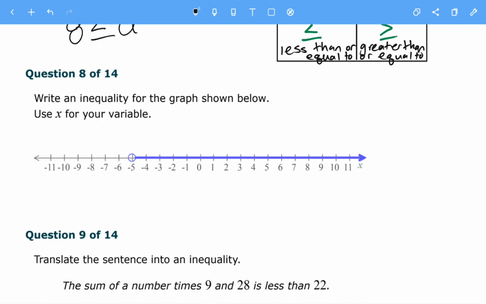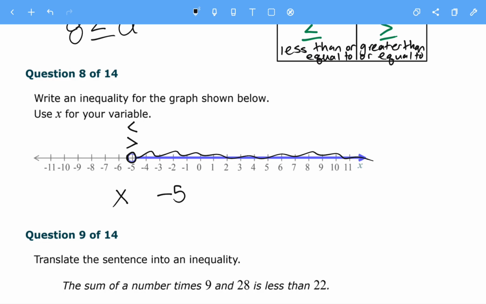Alrighty, now we want to write an inequality for the graph shown below using x as our variable. I'm going to keep the x on the left side. I see we have an open circle, so -5 is not included. So it's going to be either a less than or a greater than. Now I see the right-hand side is shaded.